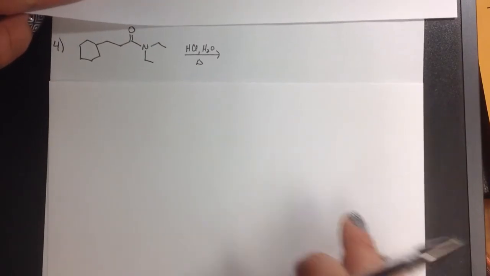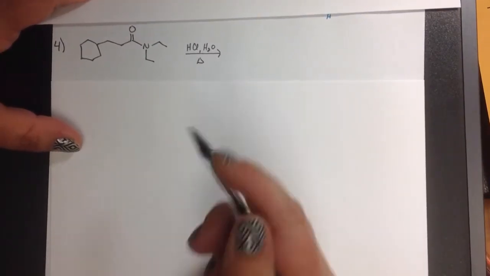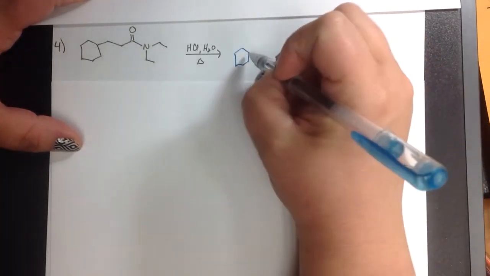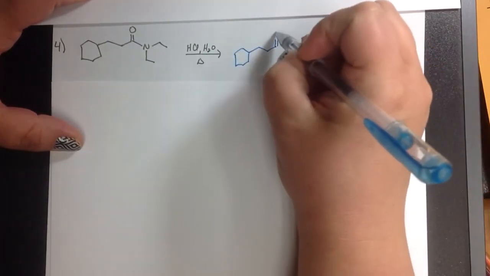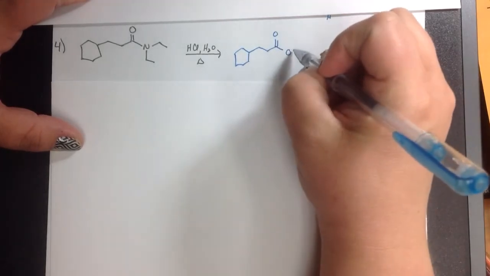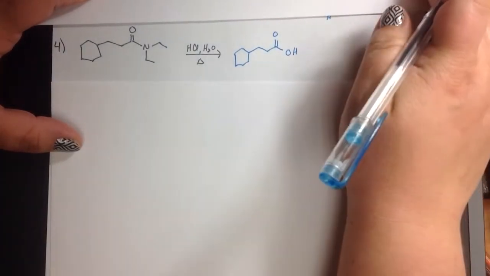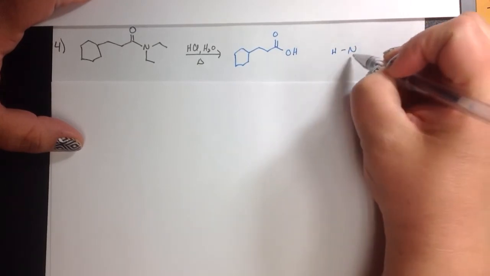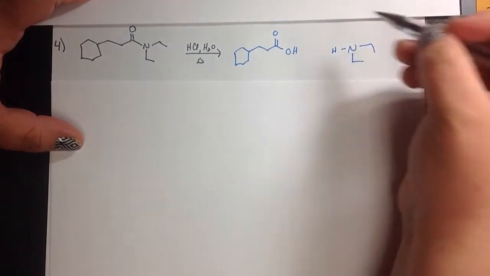Next one. This is actually just like the last one, a little bit different. A little bit different with what's actually connected everywhere, but it's really the same type of reaction, right? So I've got an NH, boom, boom, boom, boom.